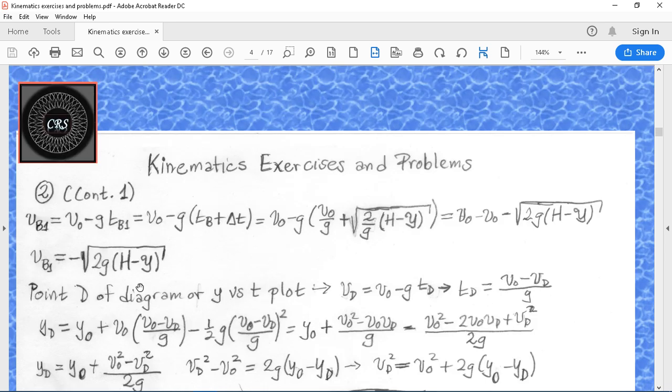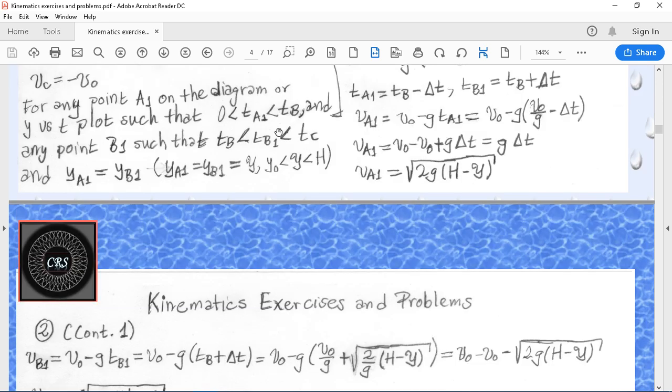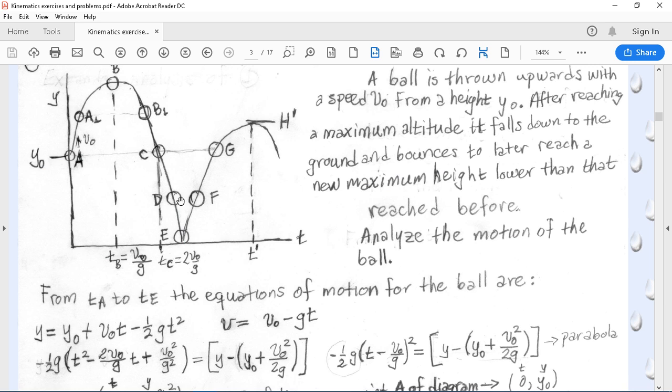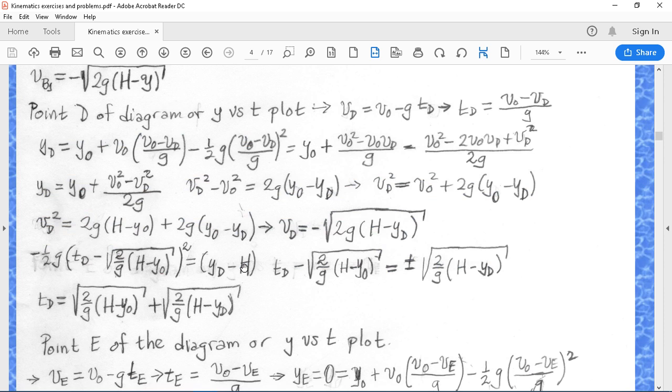Now we can go and analyze the case of point D. Point D is between points C and E. We have that Vd equals V0 minus G times Td. Then we have Td equals V0 minus Vd over G. We place this expression in the expression for Yd, which is this.